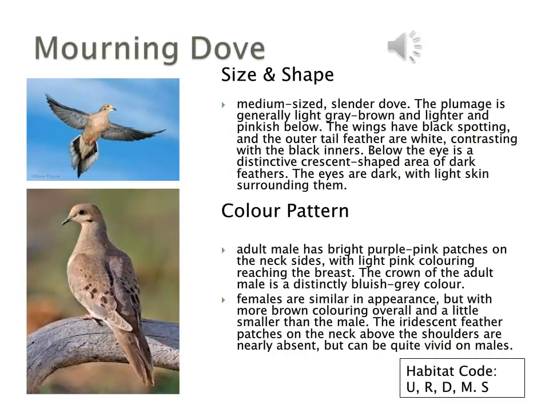The mourning dove is a slender dove. Notice the coloration differences from the rock pigeon. It's a much more slender bird, gray-brown, lighter in color, and pinkish below. The wings have some black spotting on them. The outer tail feathers are white, contrasting with the black inner tail feathers, as you can see in the image at the top of the page. The eyes are very dark with a light pattern around them.